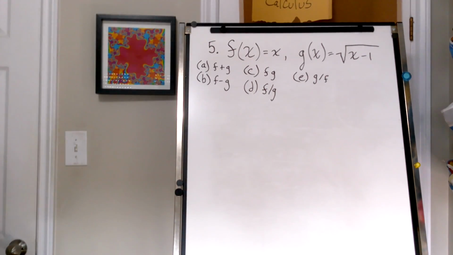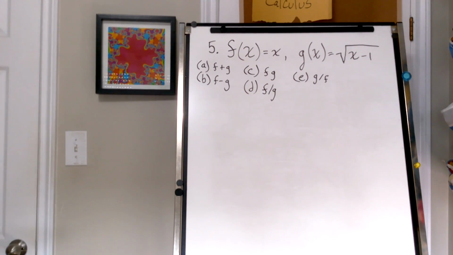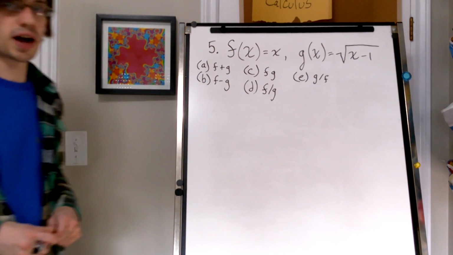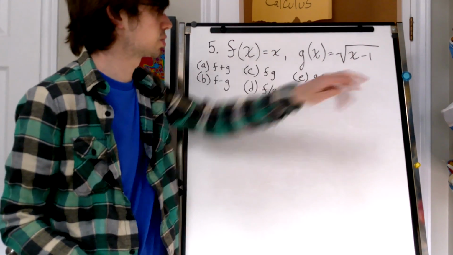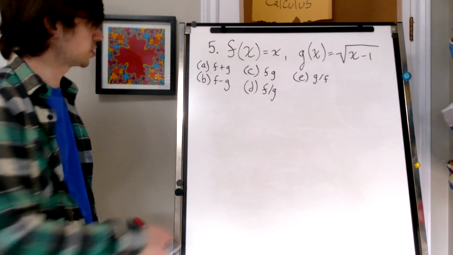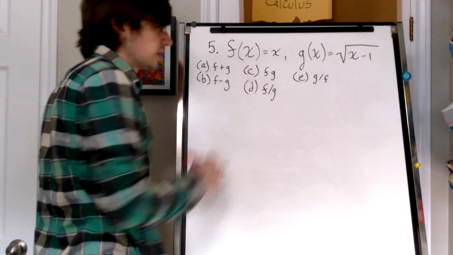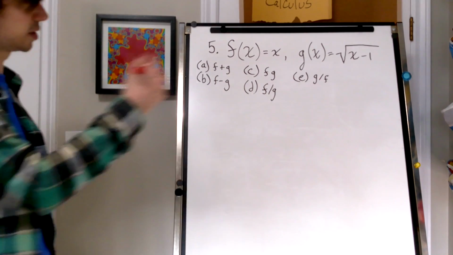Okay. Question 5. F of x equals x, g of x equals the square root of x minus 1, and we want to put in the functions. We want to add the function, subtract the function, multiply, and divide, and see the different combinations. And then get the domain and the codomain.